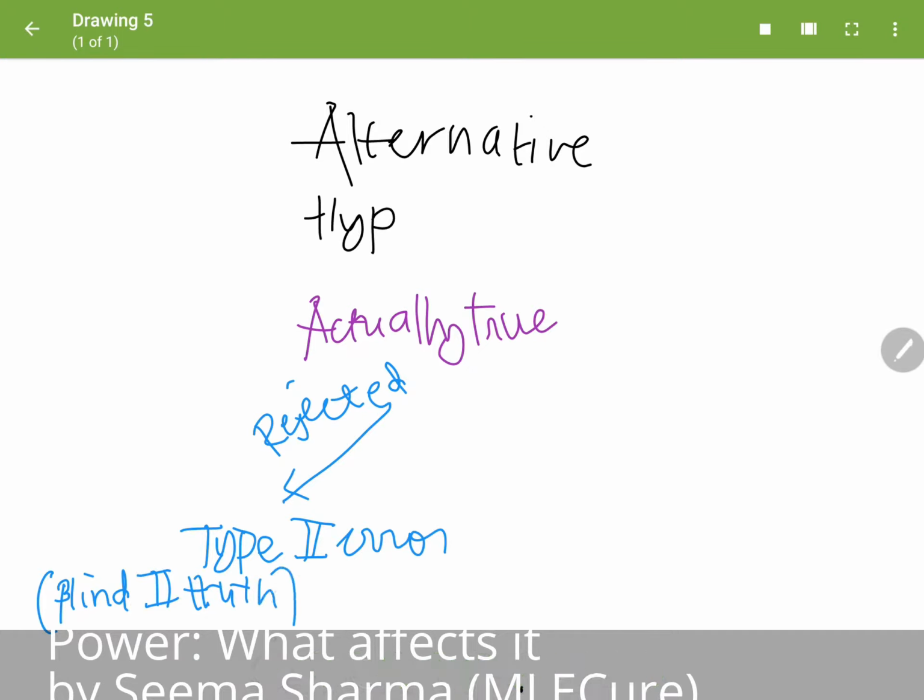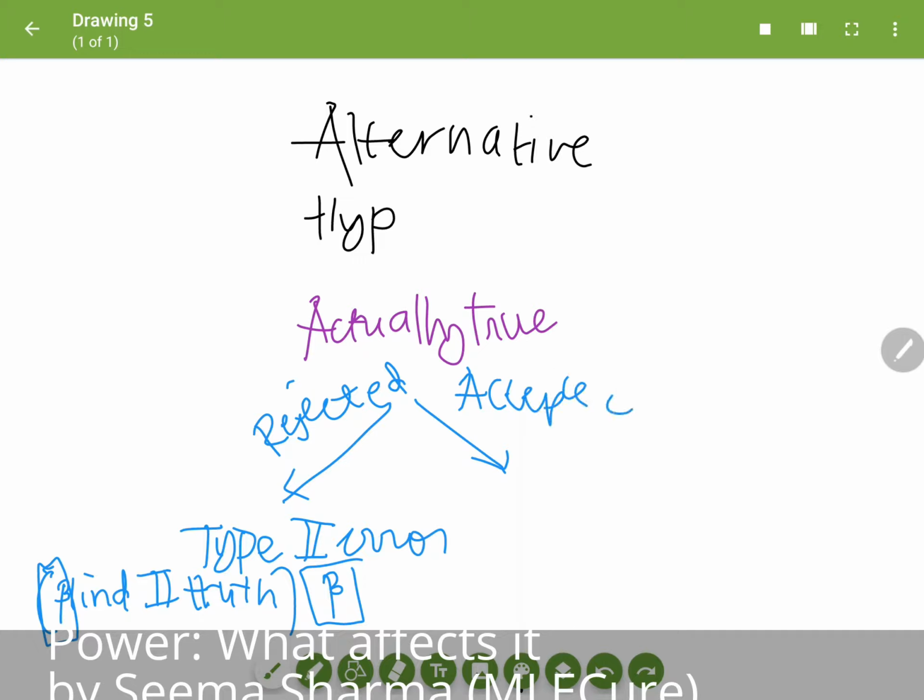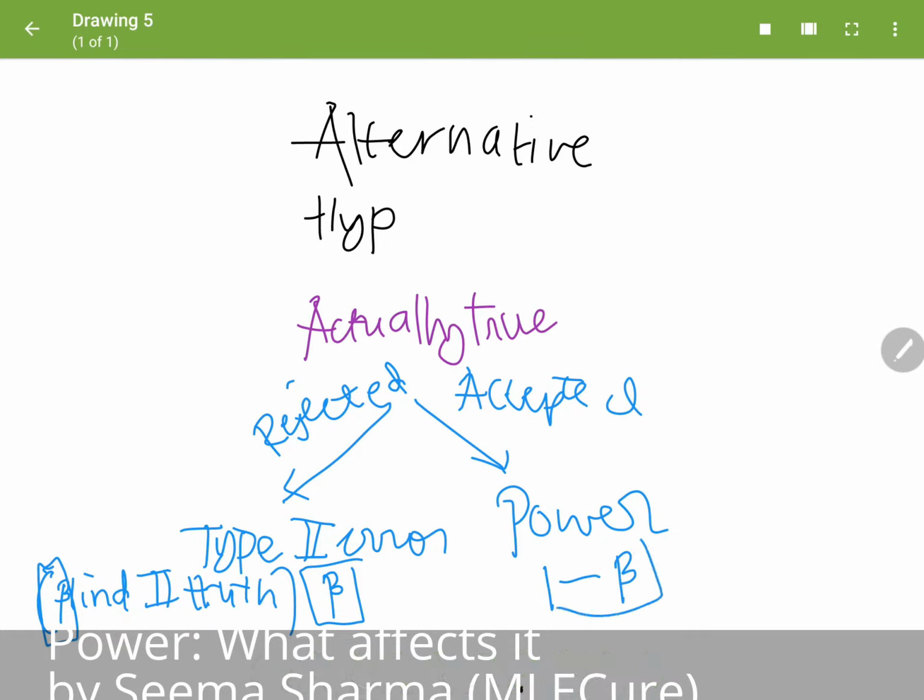So B is for beta, and that beta is the probability of committing a type 2 error. Now let's go back here and say we accepted the alternative hypothesis, and it actually did come out to be true. That's something called power, and power is 1 minus beta.